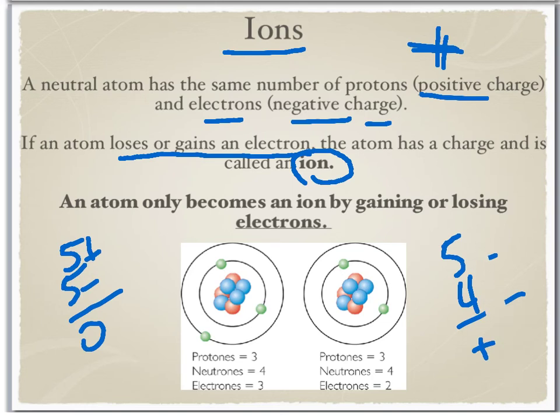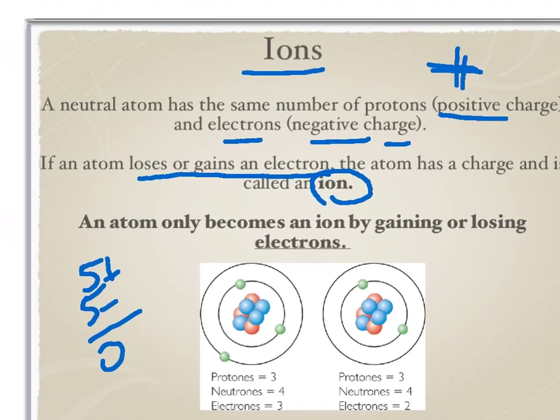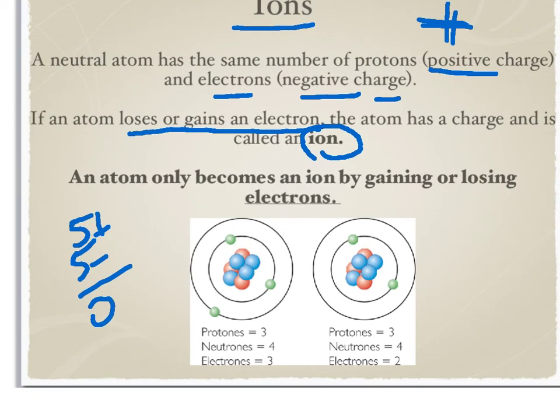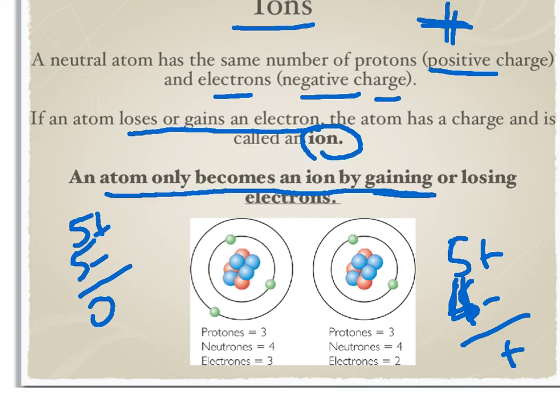By the same token, if we have 5 protons and 5 electrons, and then we lose one of the electrons, so we only have 4, then this atom has a plus charge. One thing I want to emphasize, an atom only becomes an ion by gaining or losing electrons. The nucleus does not change.